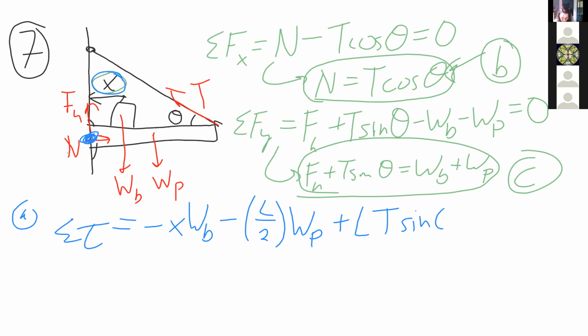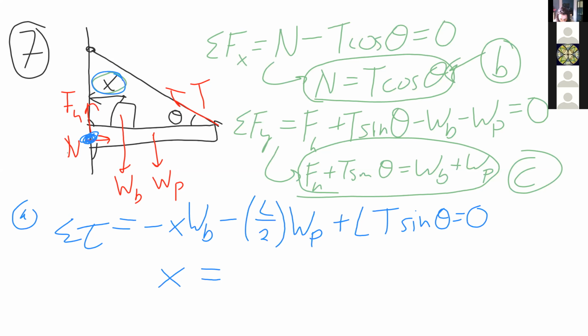So that'll be sine of theta. And then this is all equal to 0. Everything that we have in this equation is a known except for x, which is the distance that we're solving for. So we just need to solve for x.